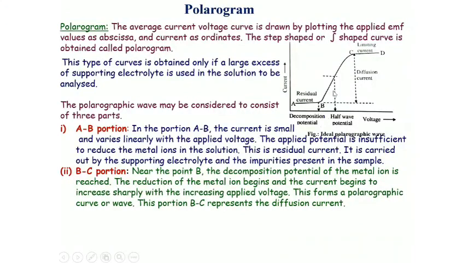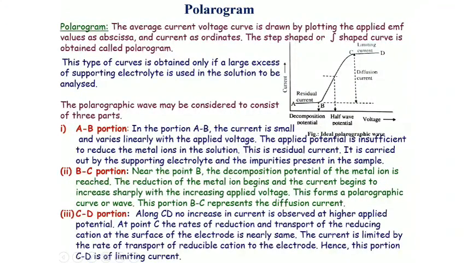The next region is the CD portion. Along CD there is no increase in current, because at point C the rate of transport of reducing cations to the surface of the electrode is equal to the rate of reduction of ions. So due to that the current is limited. Therefore this portion shows the limiting current.